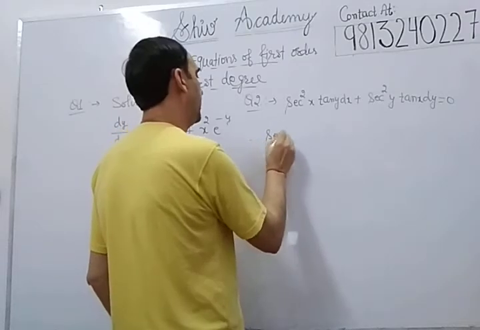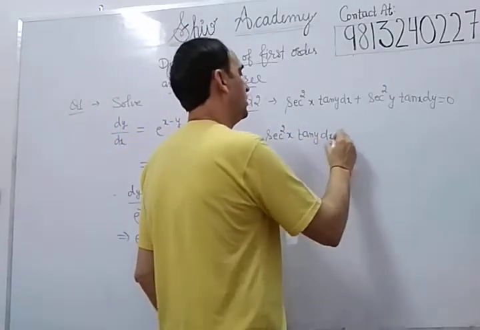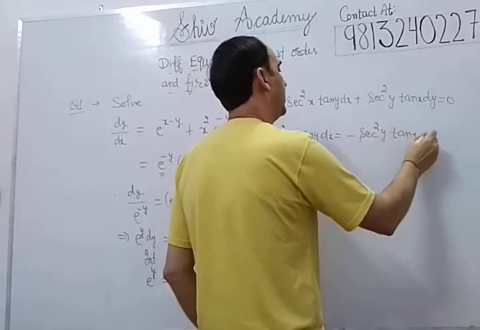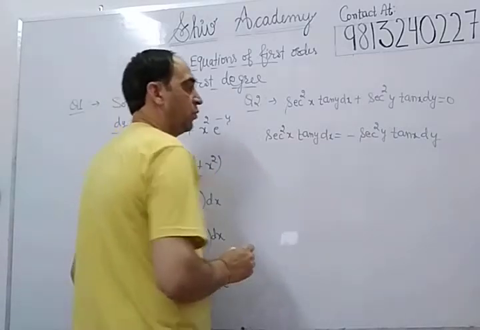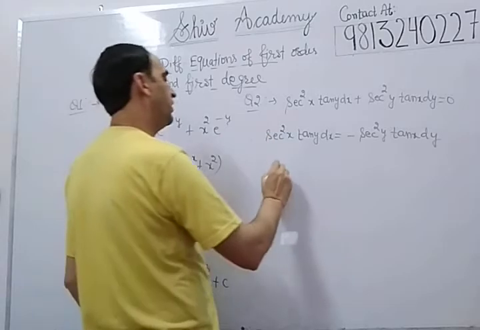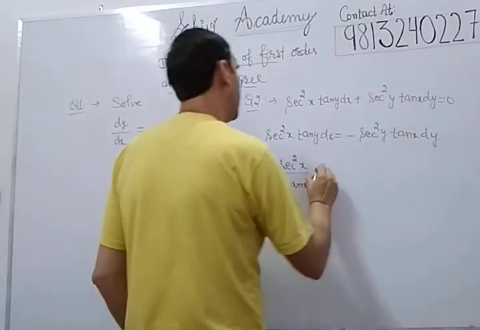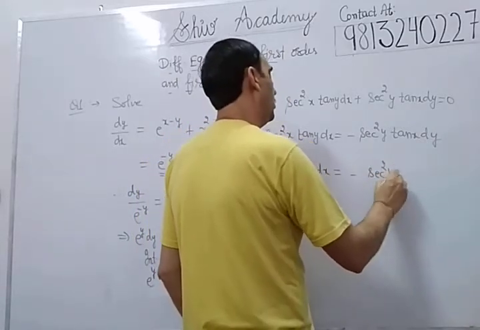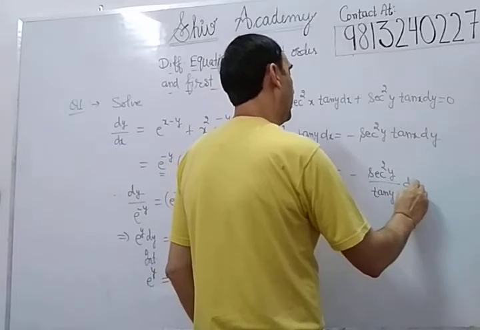We can write it as sec square x tan y dx is equal to minus sec square y tan x dy. Now we take the terms of y to this side and terms of x to this side. So we get sec square x upon tan x dx is equal to minus sec square y over tan y dy.